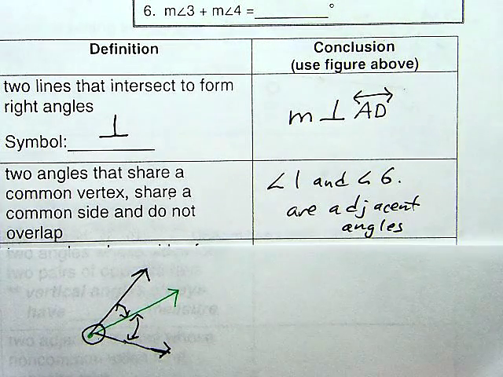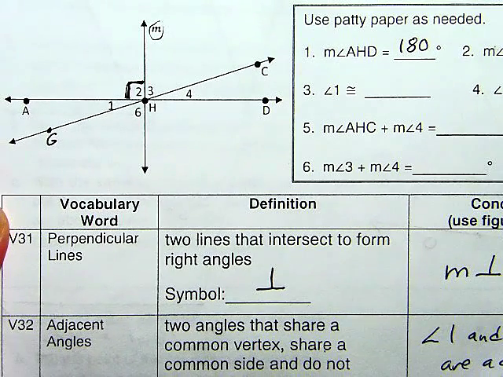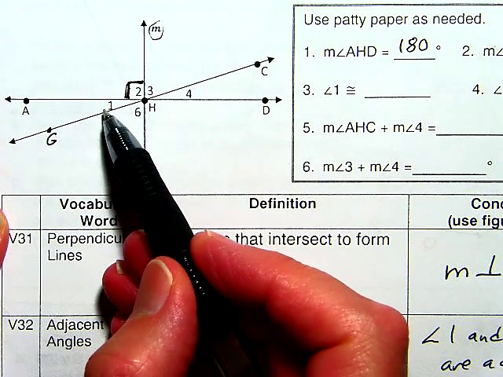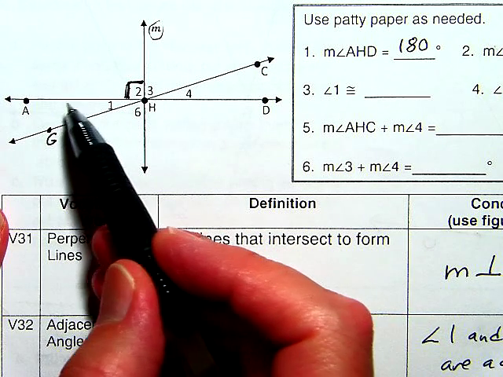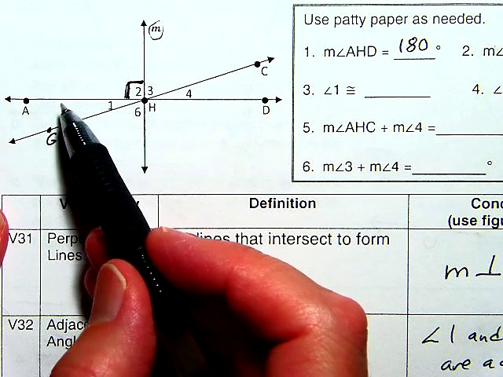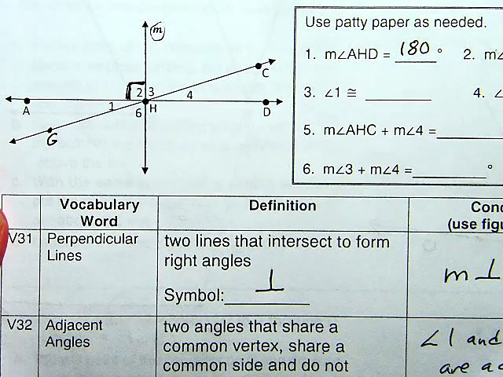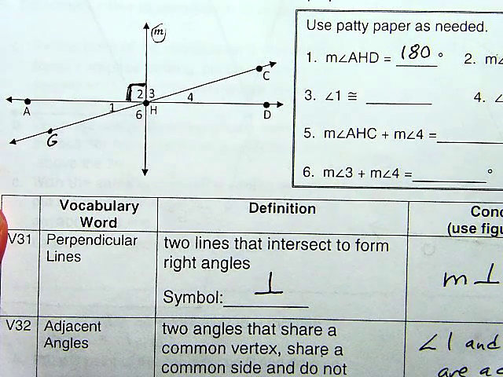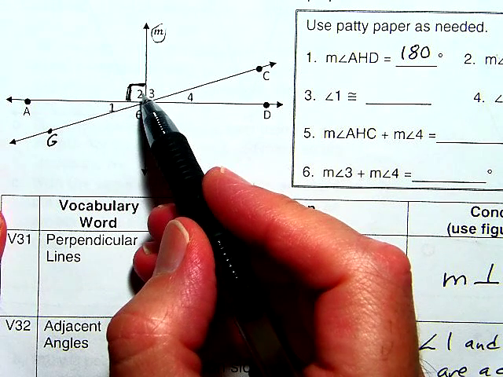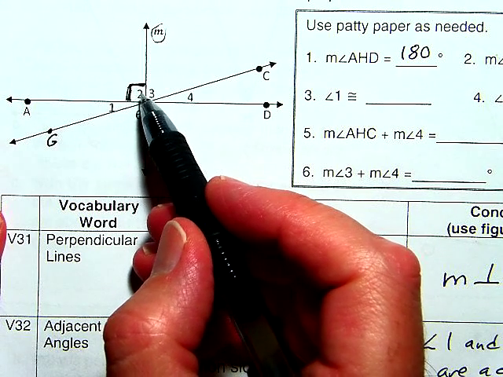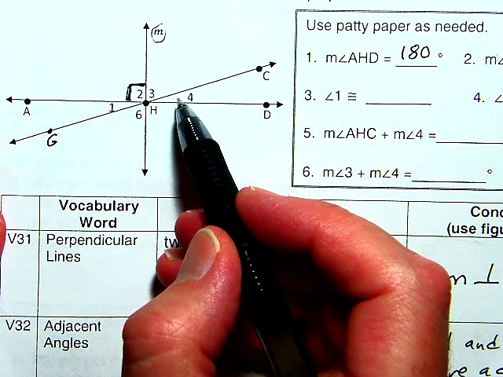Okay, good. Can we find another pair of adjacent angles up here? Well, actually, we have quite a few. Angle 1 and angle 2 both share ray HA. They don't overlap, and they both share the common vertex H. So angle 1 and angle 2 are adjacent angles. In fact, angle 2 and angle 3 are adjacent. Angle 3 and angle 4 are also adjacent.